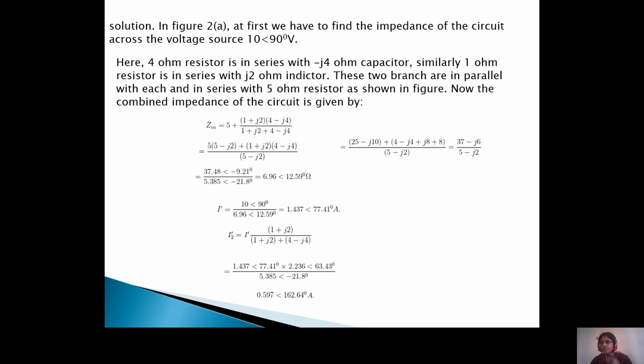Shift polar, 2 comma minus 3, equal to. Then you get the value of the magnitude and the angle with the tan equal to.